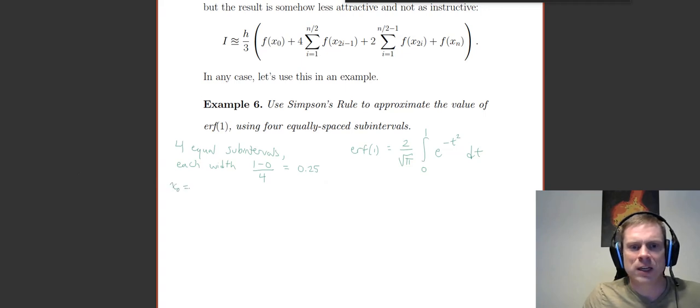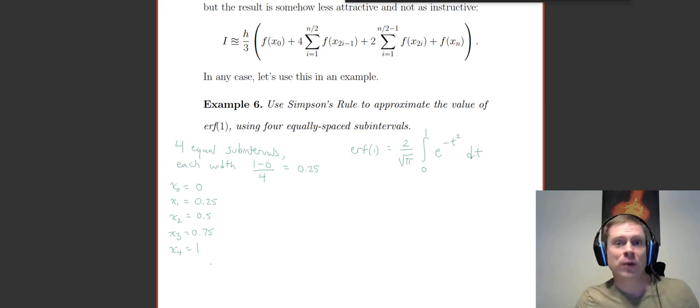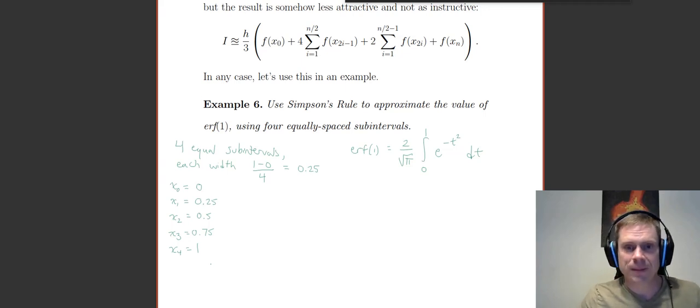So we have x0 equals 0, x1 equals 0.25, x2 will be 0.5, x3 equals 0.75, and x4 equals 1. And those are going to be our set. You can see the even number of subintervals here, the odd number of points, and that will let us use our formula.